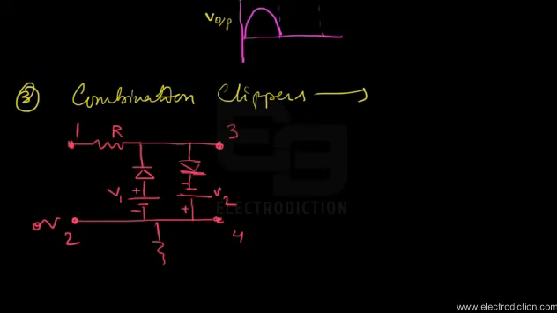Now imagine the input to this combination type clipper circuit, a sinusoidal signal input Vi. As you can see in the circuit, there are two diodes connected with different polarities, in reverse order, and so are the cells connected across them.